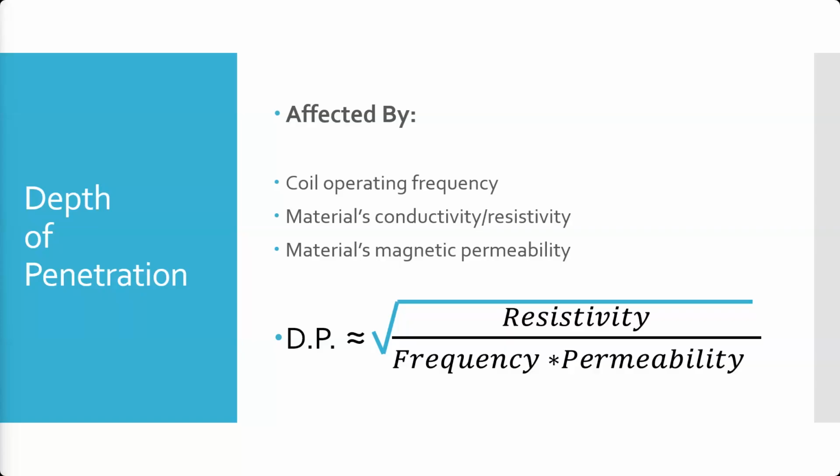So of these three, we can only change one. Which one is that? For a given material, what can we adjust? The coil operating frequency. What frequency do we send down to our coil? We can't do anything to change the rest. If we're checking the skin for cracks on an aircraft made of sheet metal aluminum, we can't do anything to change the conductivity or the magnetic permeability of that material.